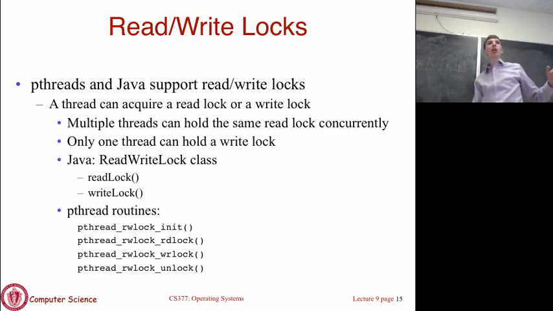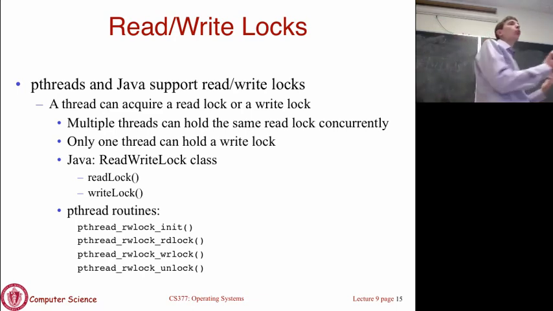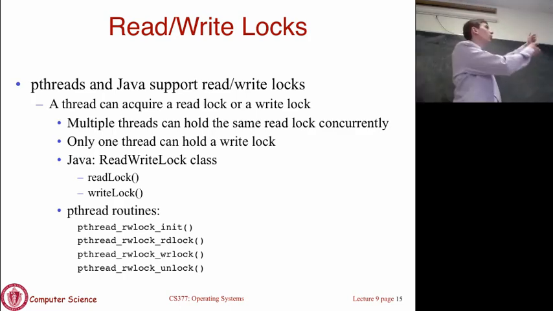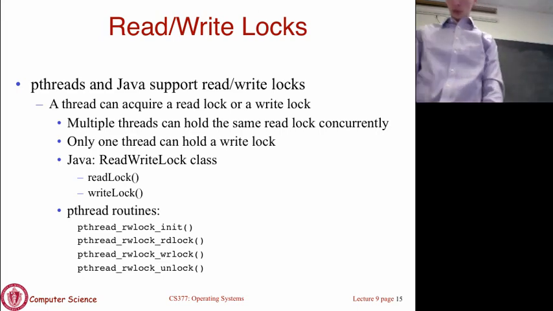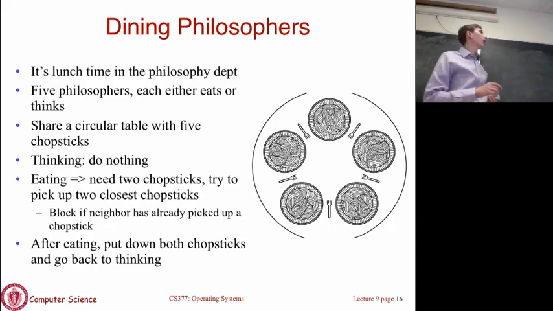Essentially, we've talked about how you can implement these useful low-level primitives, but in practice, most programming environments give you very nice, easy-to-use abstractions for doing this kind of thing. So that's it for the reader-writer problem.